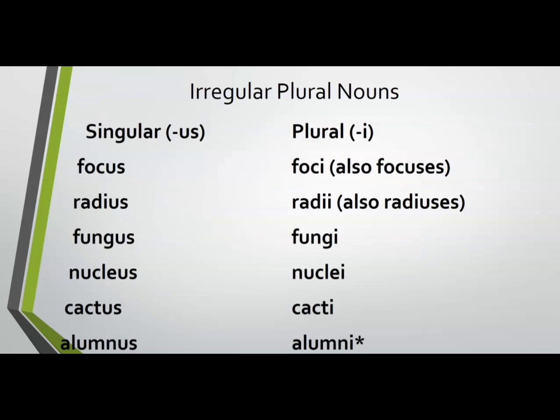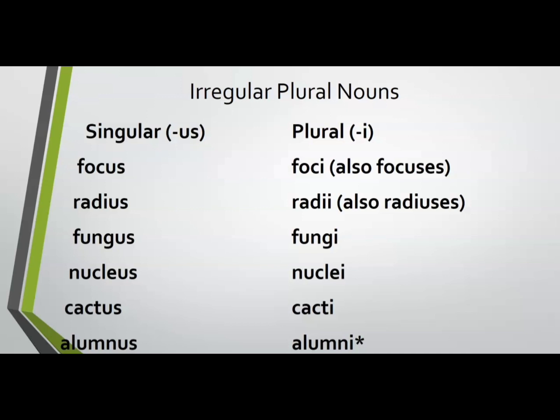Some more irregular plural nouns. By irregular, we mean we don't put s at the end of that plural noun, like we say car, cars, table, tables. But here there is already s at the end. So for focus, we say foci, or you can also say focuses.